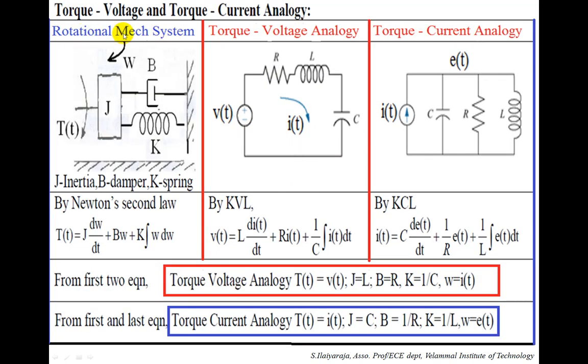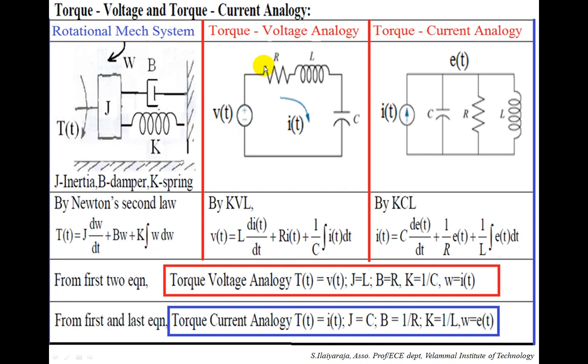For a rotational mechanical system, how are we going to develop the torque-voltage analogy and torque-current analogy? In rotational systems, instead of force we use torque, instead of mass we use moment of inertia J, and instead of displacement it is angular movement. Therefore by Newton's law we can write the torque equal to J dw by dt plus bw plus K integral w.